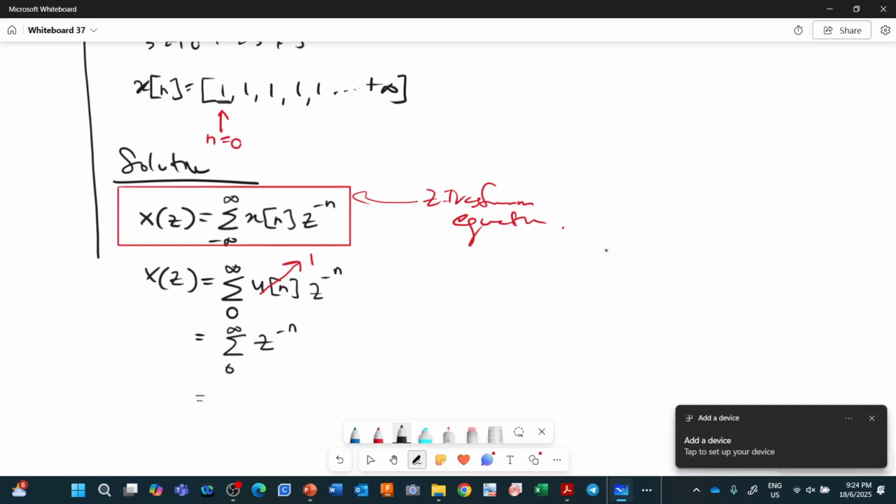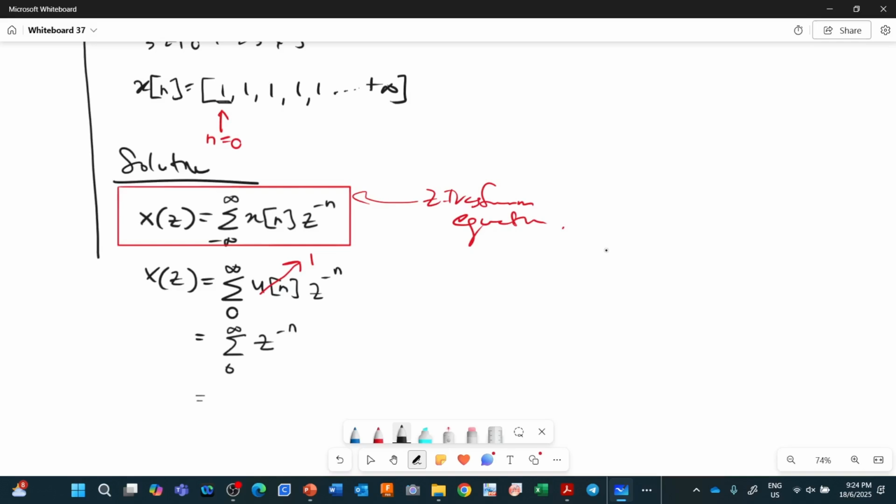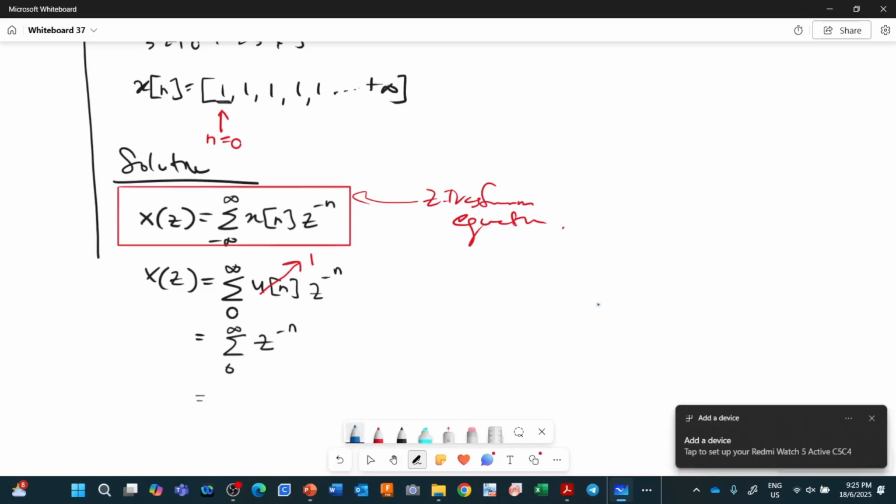According to the mathematics equation for summation, can you follow?